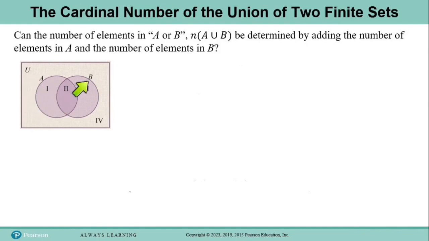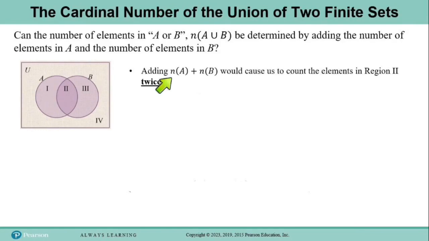And then the cardinality of set B would be the total number of elements in this circle, so that would be all of the elements in region 2 plus all of the elements in region 3. So if we add the number of elements from region 1 and region 2 for set A to the number of elements from region 2 and region 3 from set B, you can see we've counted region 2 twice. So that's the problem.